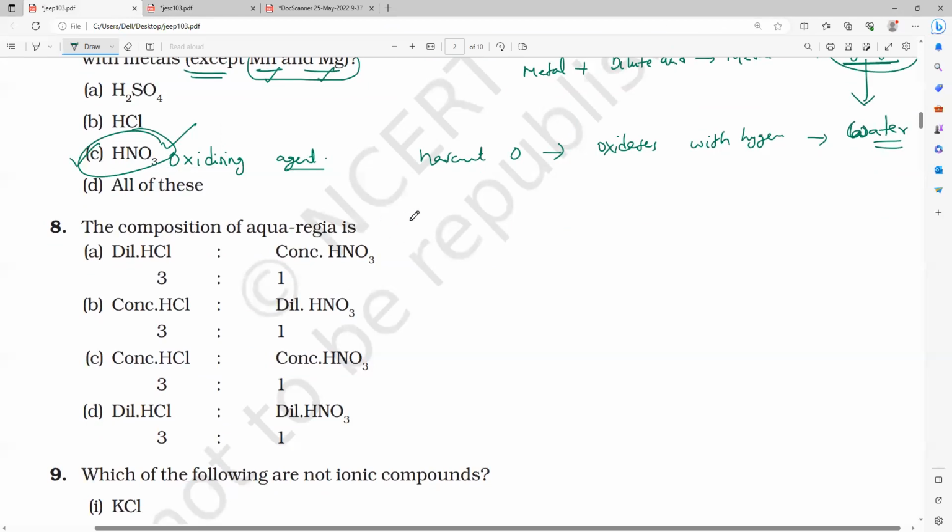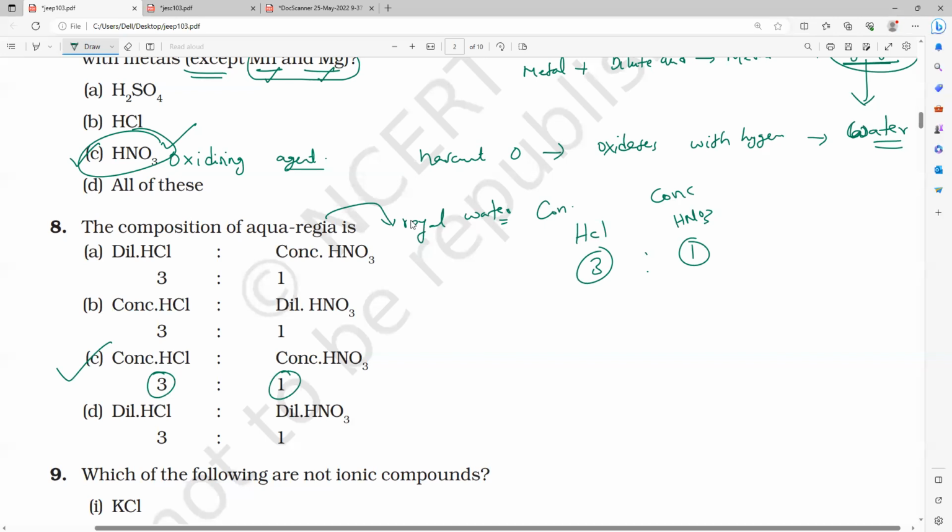Next, composition of aqua regia. Aqua regia we can also call royal water. Yes or no? Remember, everything is concentrated: concentrated HCl, always concentrated HNO3, freshly prepared. So what is the correct answer?